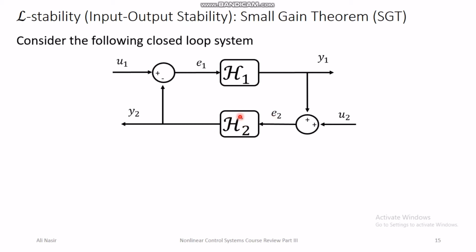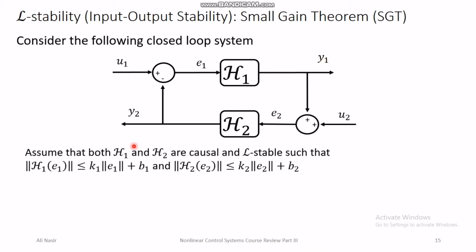You can imagine this as a plant being controlled by a controller, and this is a sensor, and there is sensor noise, and then in the presence of sensor noise, how the feedback, so how the input output stability fares out.